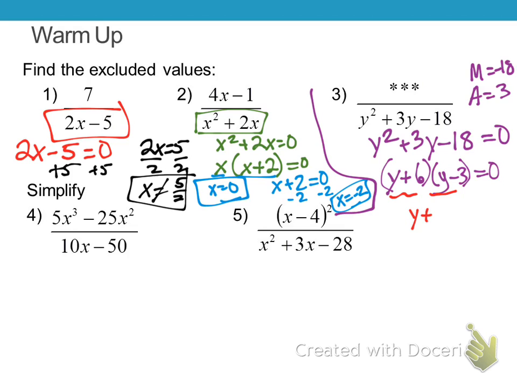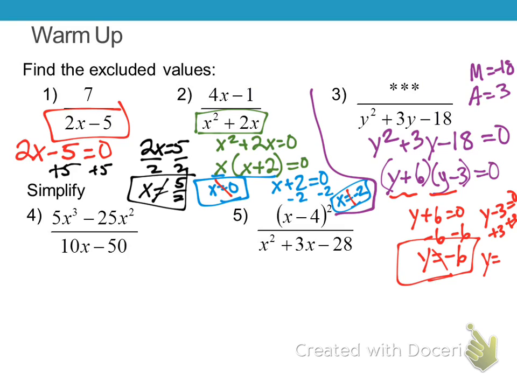So y plus 6 equals 0, y minus 3 equals 0. All right, what's my first solution? -6. Oh, and remember, these are all the values that x cannot be equal to. And y cannot be equal to 3. All right, so those are excluded values.